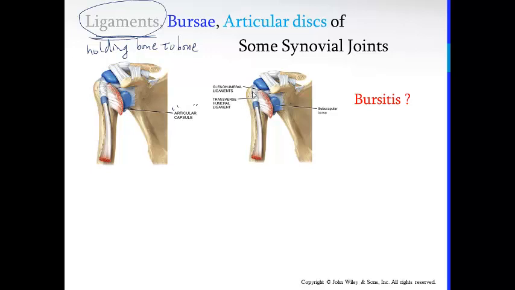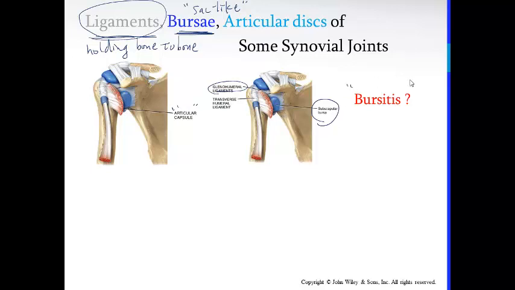Over here you can see, for instance, the glenohumeral ligament holding the glenoid cavity and the humerus together. Now we also will see bursa. These are sac-like purses in a way, a little bit similar to synovial membrane, but not exactly.